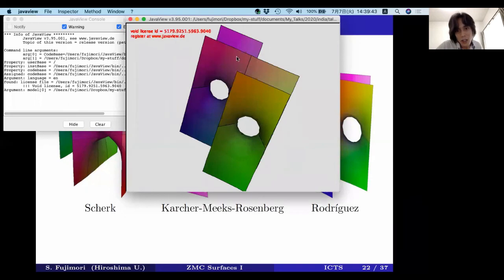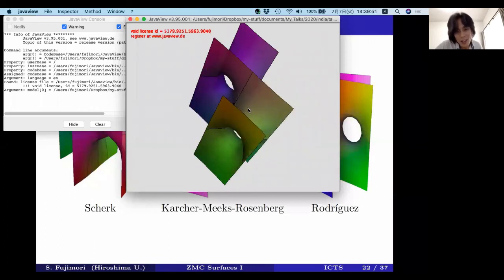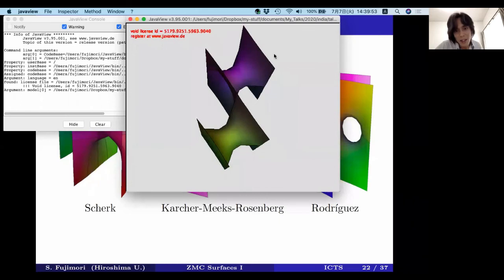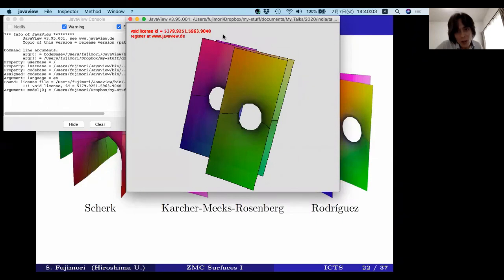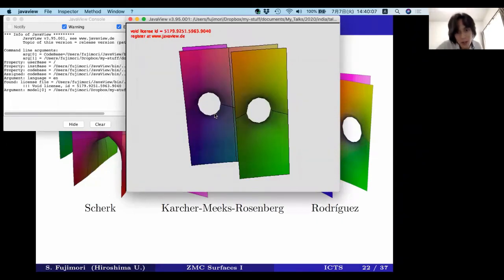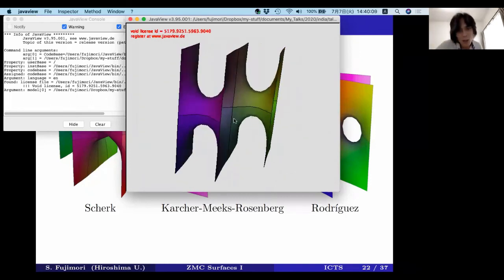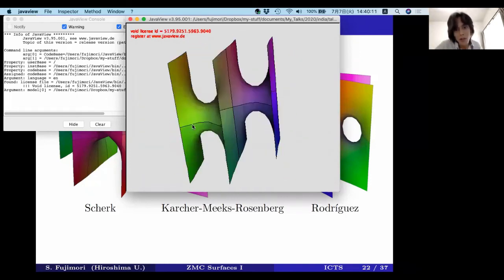This is one end, and this is one end. Since the surface is doubly periodic, this and this match analytically. So 2 ends go to the top and 2 ends go to the bottom. This is a doubly periodic minimal surface.